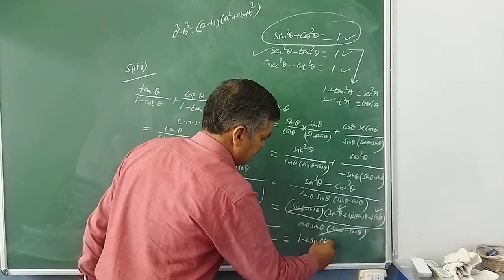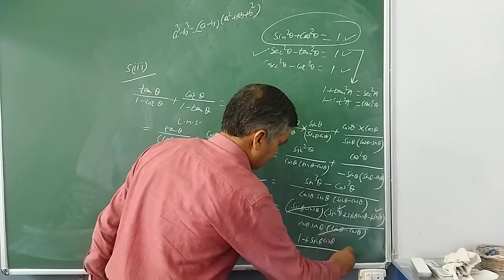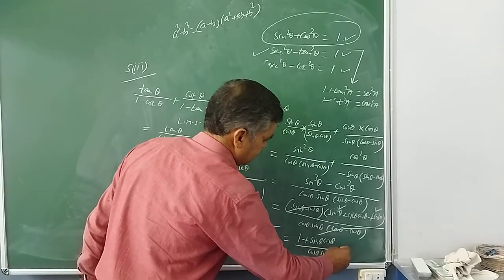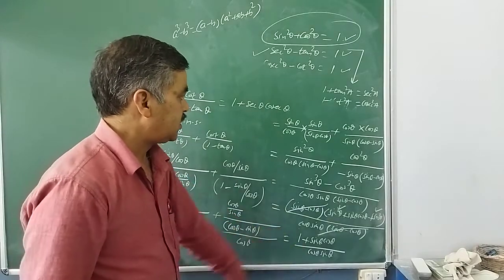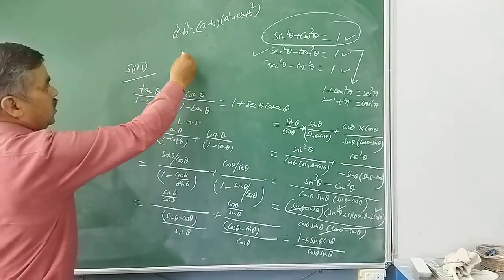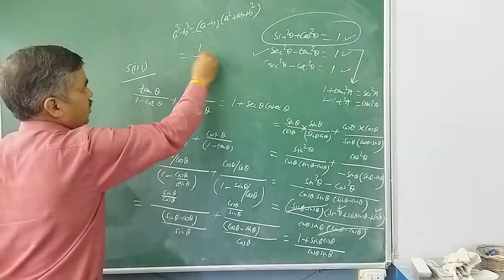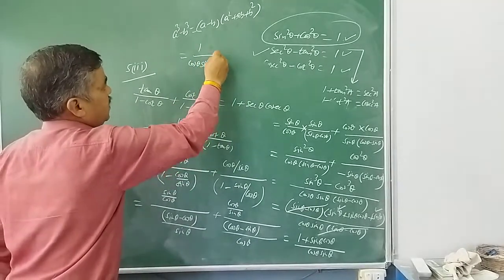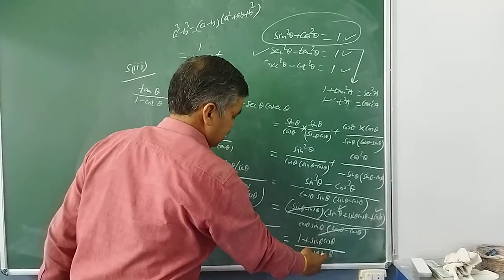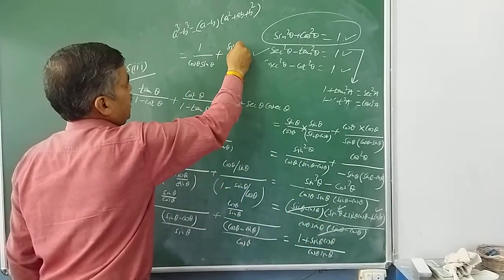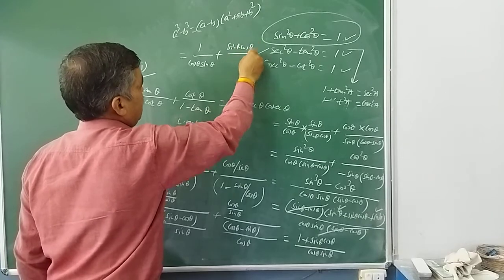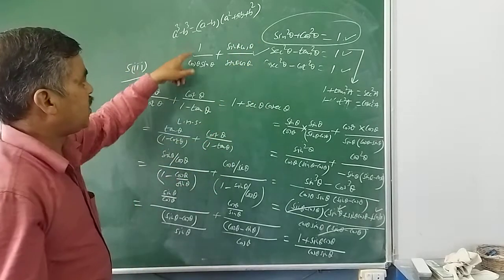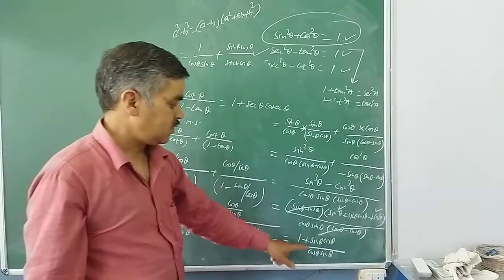This is sin theta cos theta upon what? Cos theta sin theta. So once you can write this is finally what? 1 upon cos theta sin theta plus sin theta cos theta upon sin theta cos theta. So 1 upon cos theta sin theta individually now.